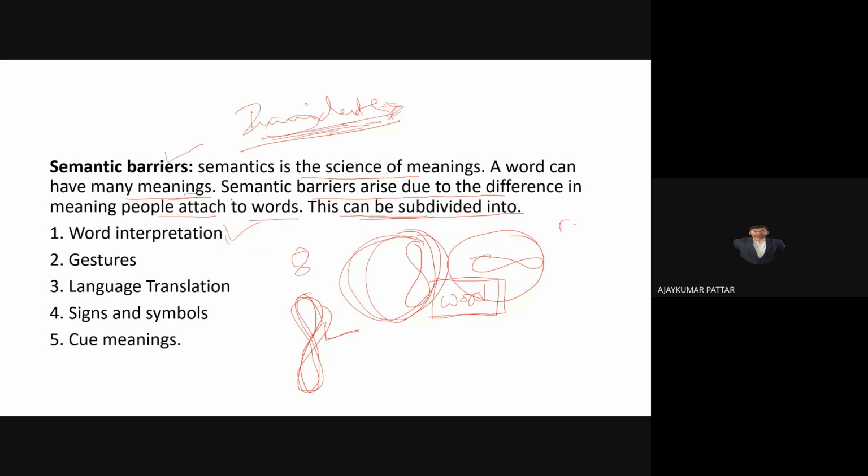Semantic barrier means a word has many meanings. If we use jargon or technical language, sometimes you may not understand the concept, or different persons will understand it differently. That is what we call semantic barriers.